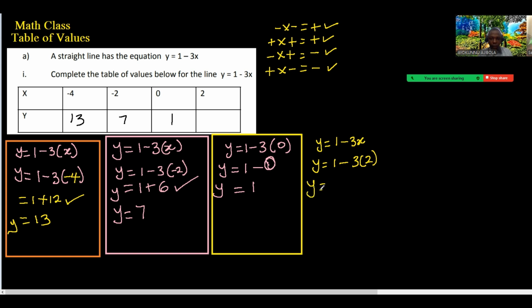Then what else should I write? 1 minus what? 3 times 2 is 6. So what is 1 minus 6? 2 minus 6 equals minus 4. No, 1 minus 6 is minus 5.